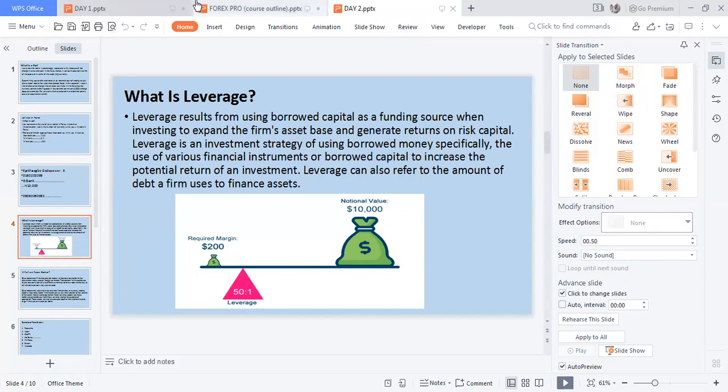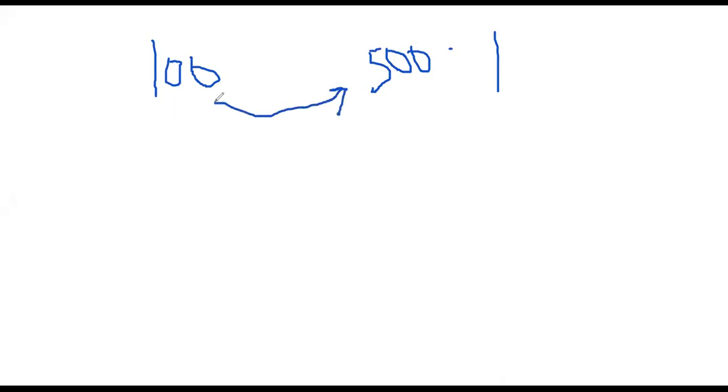For instance, you have $100. Now they'll tell you that we'll boost this to the ratio of 500 to 1. So what that means is that if you have a ratio of 500 to 1, then if you multiply 100 by 500, virtually you're having like $50,000.